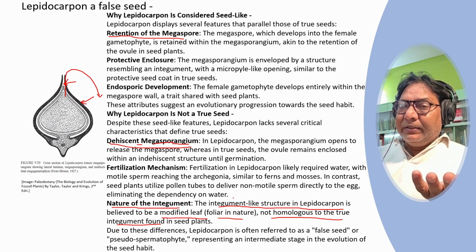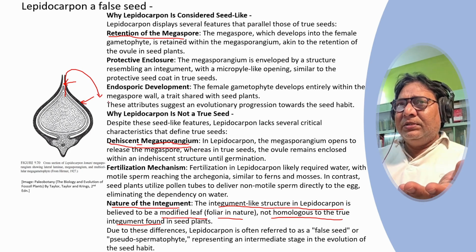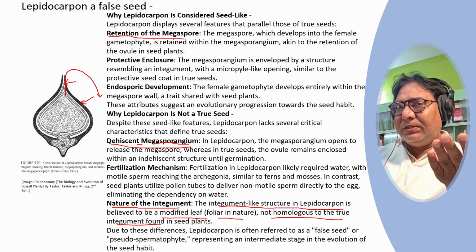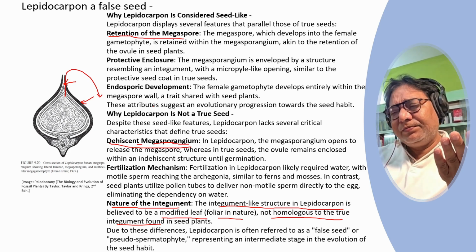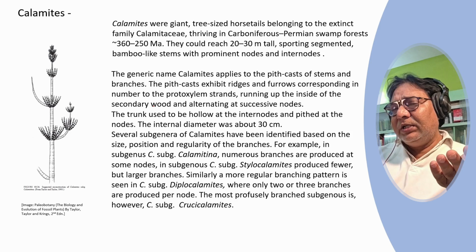But if the method of fertilization is like pteridophytes or mosses, this cannot be as advanced as a seed, cannot be said to be a seed. Do you understand? So you have to write this discussion. If you're asked this question, you have to write this discussion.